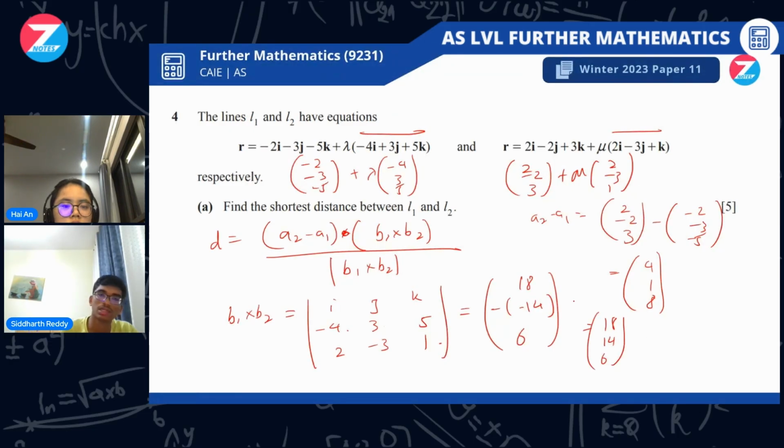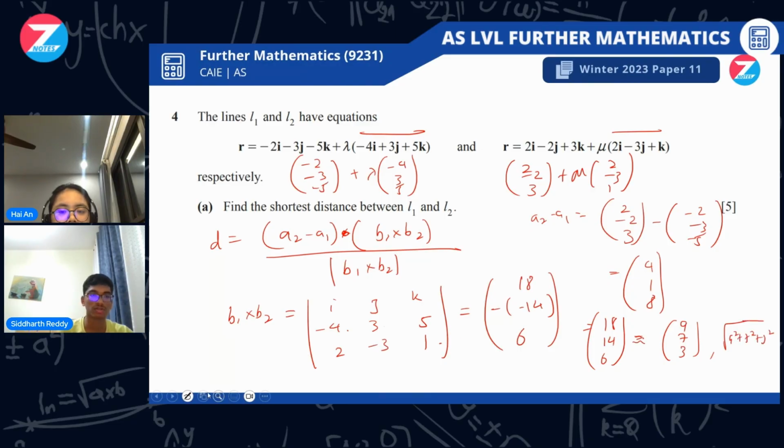And since we really only need the direction and the magnitude is not important, we can just cancel out all the common factors. Just divide it by 2. So we get 9, 7, and 3. And the magnitude of this is just going to be square root of 9 square plus 7 square plus 3 square.